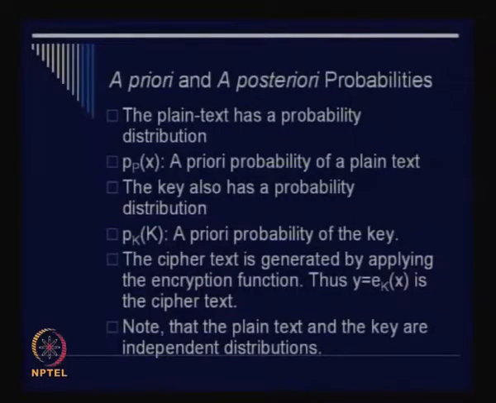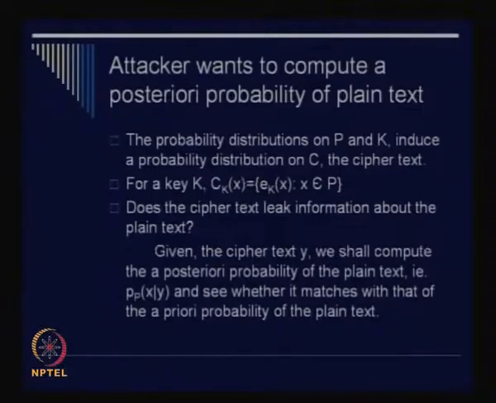Then we obtain the ciphertext by applying the value of the plain text and the chosen value of the key, and we obtain a ciphertext probability distribution. Now the attacker wants to compute the a posteriori probability of the plain text.